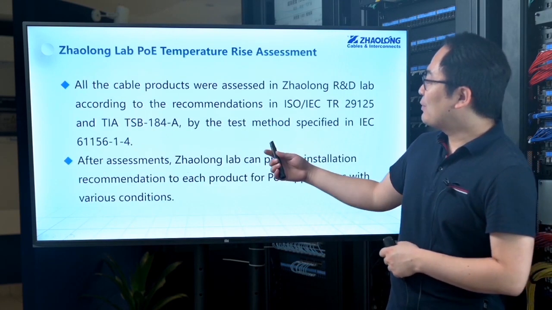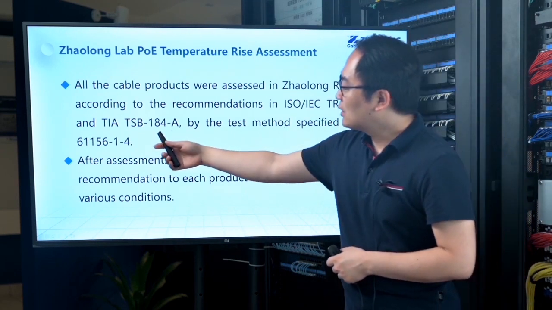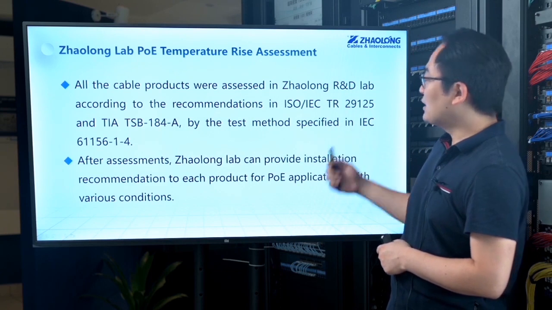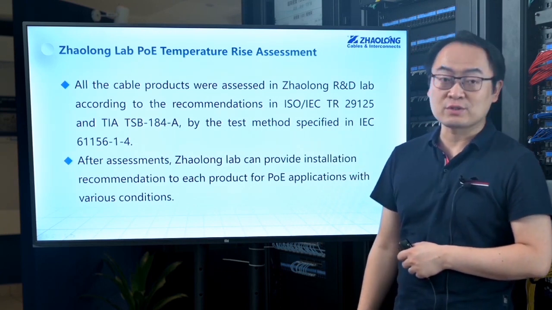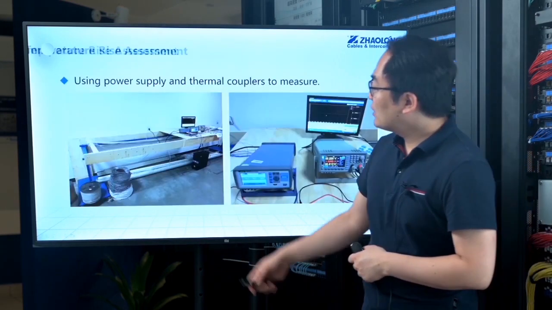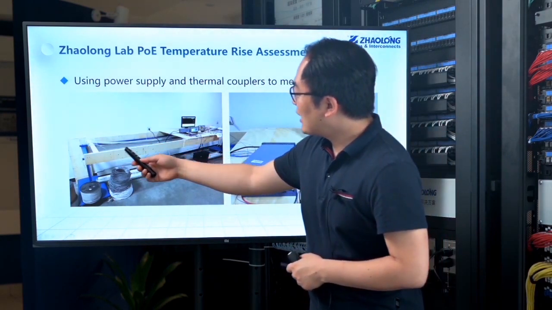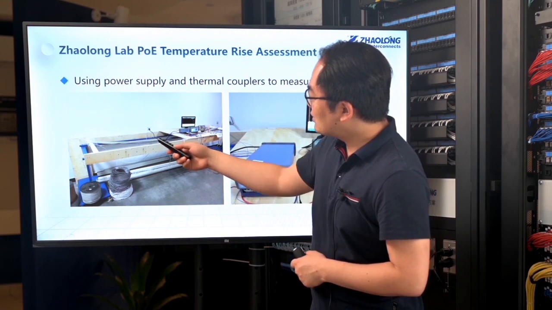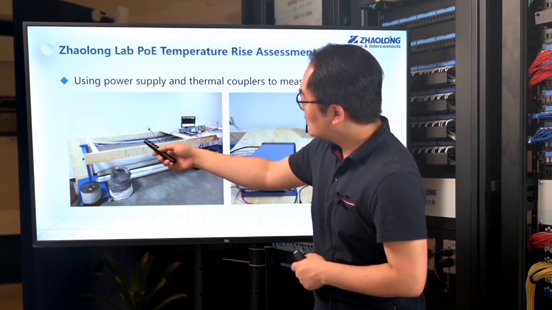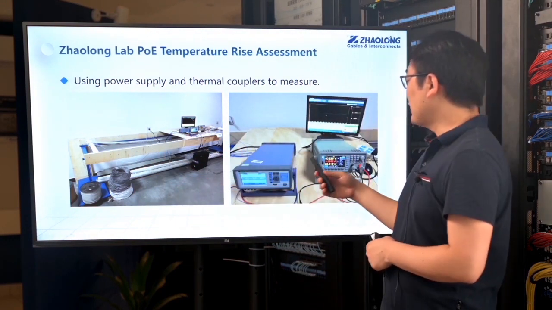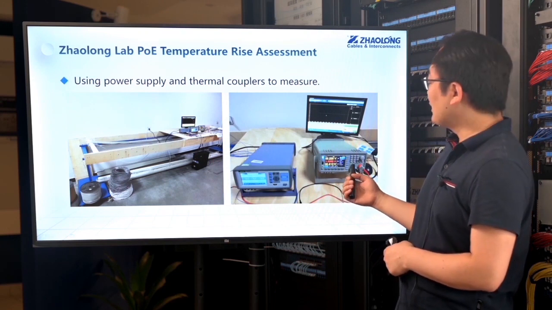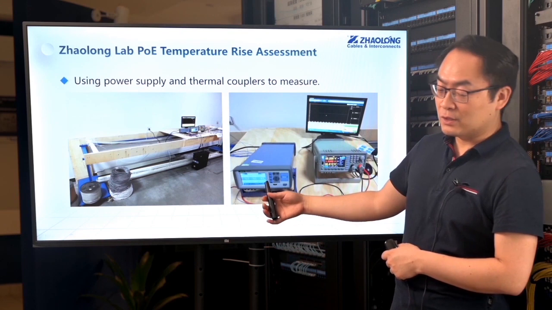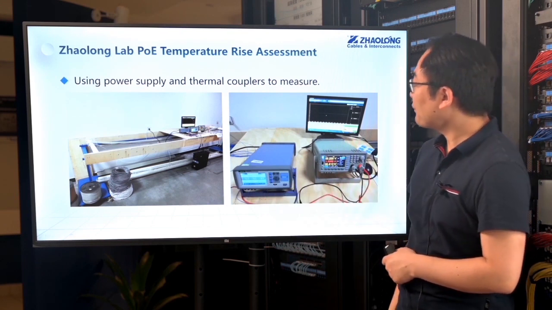So in our lab, we apply those two standards by using the test method specified in IEC 61156-1-4. We run the cables as a bundle and fit in thermocouples to monitor the temperature. We use a power supply to feed in the DC current, and we use the thermocouples to monitor the data.